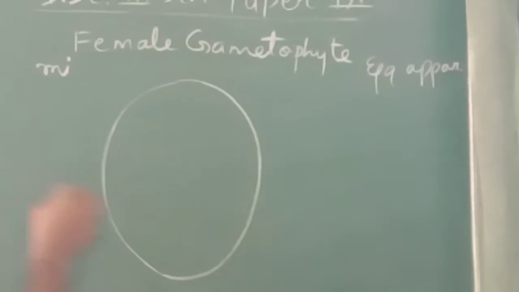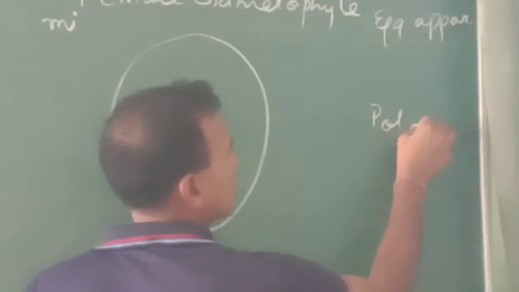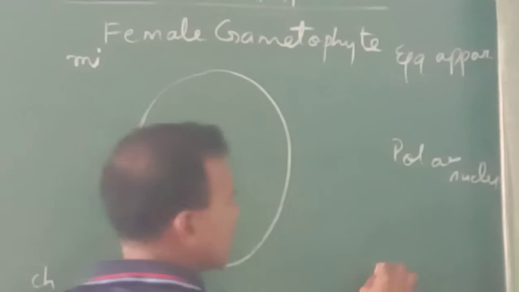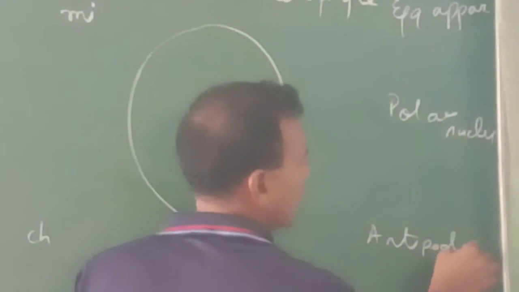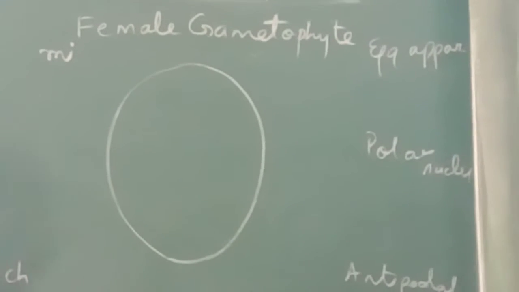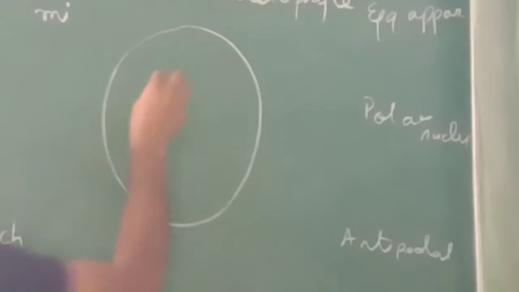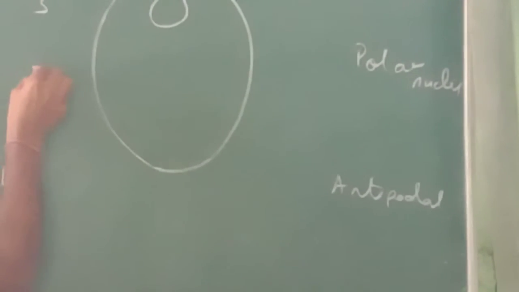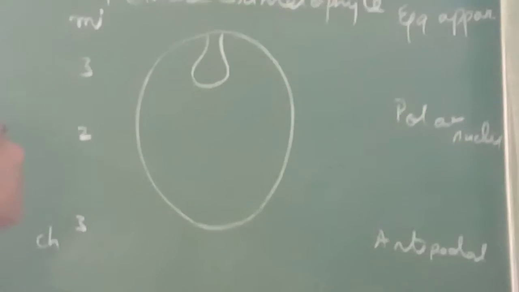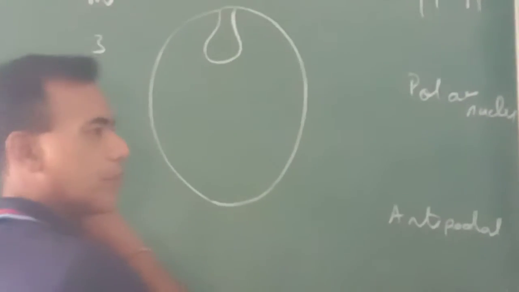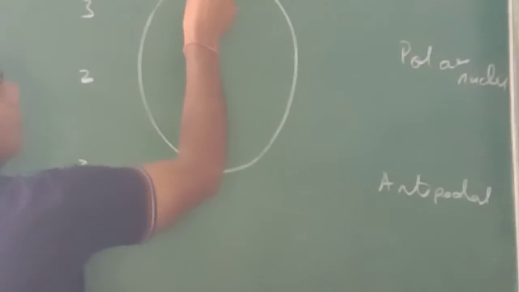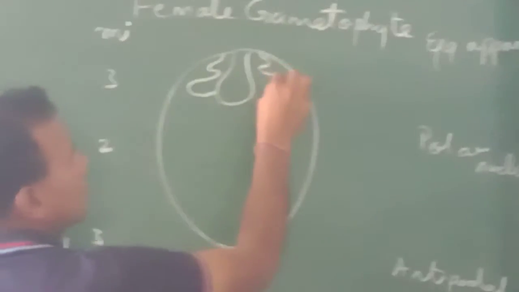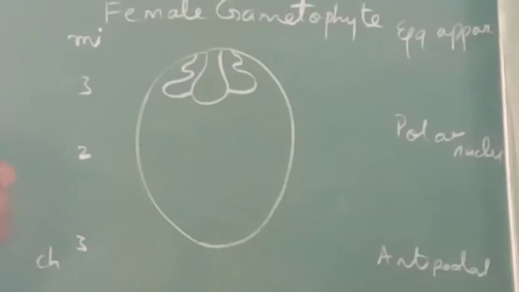In the center, polar nuclei are present, while at the chalazal end, antipodals are present. In the normal polygonum type of embryo sac, the arrangement was 3 plus 2 plus 3 type. Three cells were present on the micropylar side. These three constituted the egg apparatus.